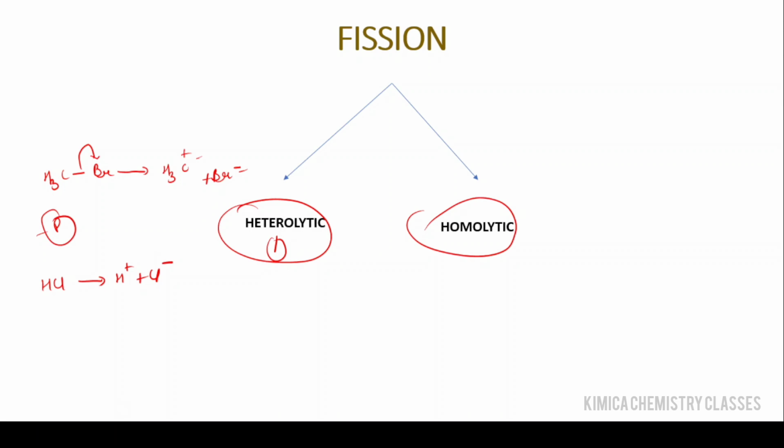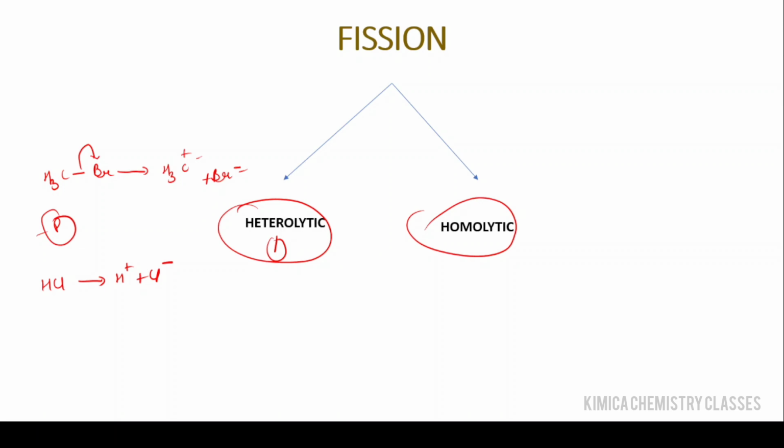A species having a carbon atom possessing a sextet of electrons and a positive charge is called a carbocation, or carbonium ion. Carbocations are classified as primary, secondary and tertiary depending on whether one, two or three carbons are directly attached to the positively charged carbon.